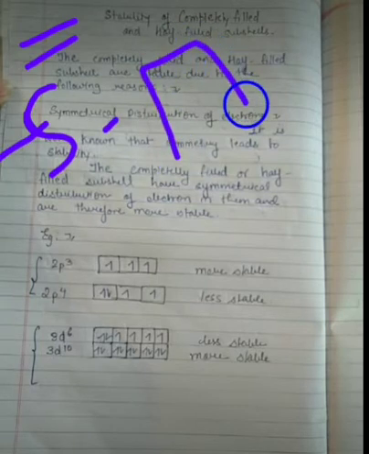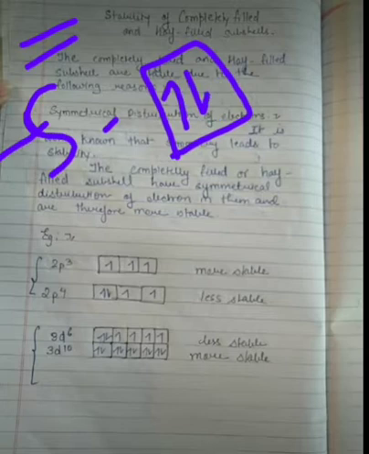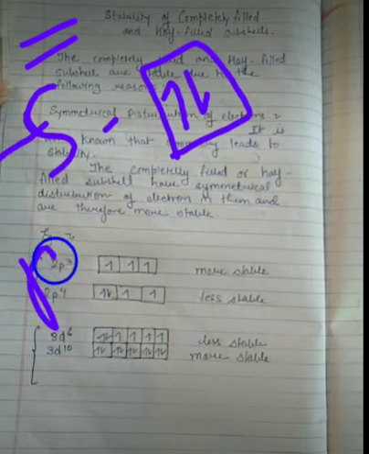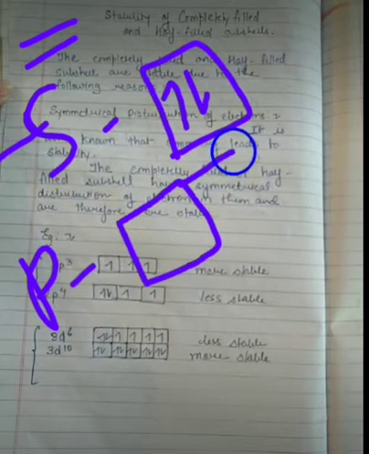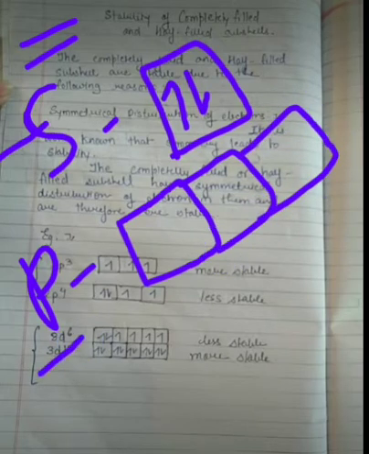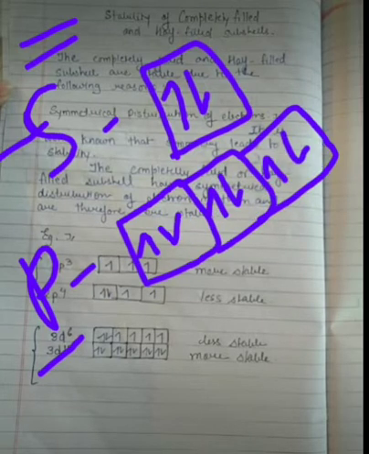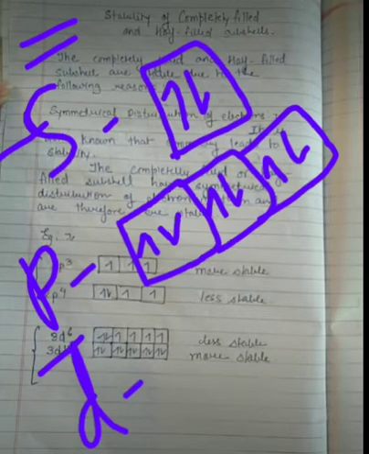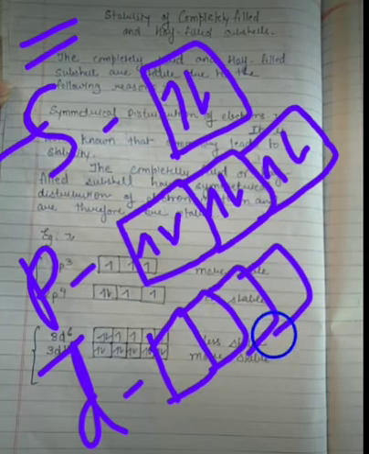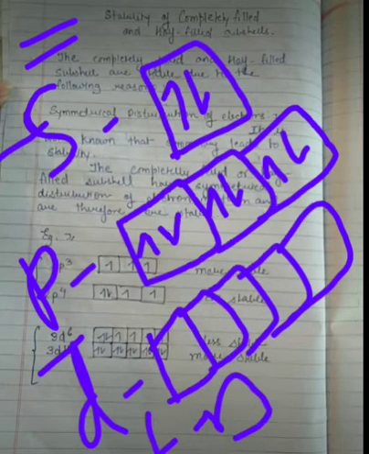So we all know that s subshell has maximum 2 electrons. एस सबशेल में मैक्सिमम कितने इलेक्ट्रॉन्स आ सकते हैं? 2. Okay, so students, similarly for p subshell there are 3 orbitals, and the maximum number of electrons that can be filled in p subshell is 6. Okay, and students, the similar trend will be for d, f, etc. For d subshell the orbitals are 5, and for f subshell the orbitals are 7.